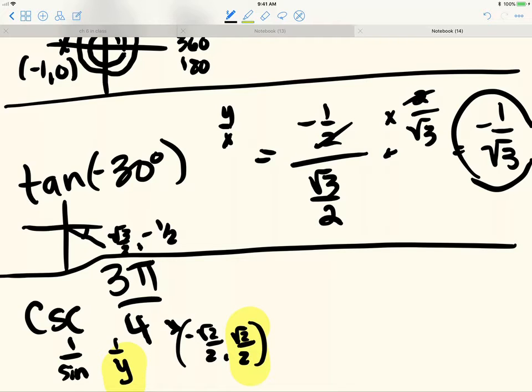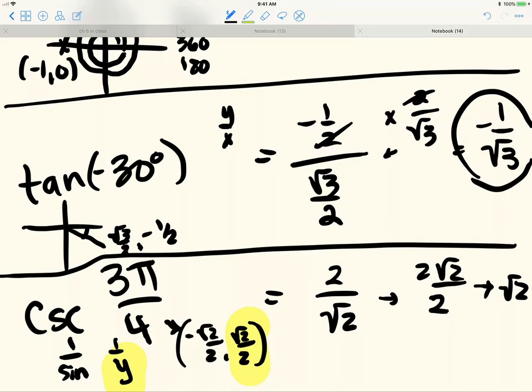So we just take the square root of 2 over 2 and we flip it, and that gives us 2 over the square root of 2. So again, you're welcome to leave it like that, but if you feel compelled to rationalize it, it would be 2 square root of 2 over 2, and that would simplify to just the square root of 2. Again, rationalizing gets the square root out of the denominator, but both of those are the same thing.